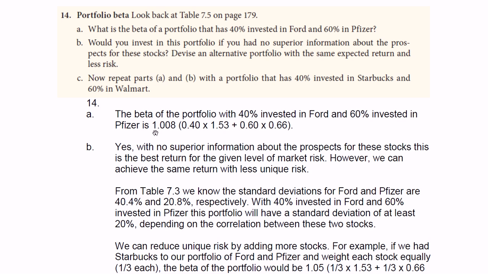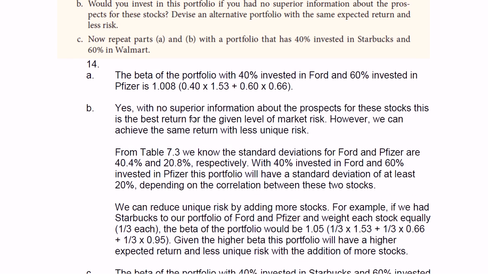So we get 1.008. Would you invest in this portfolio if you had no superior information about the prospects for these stocks? Can you devise an alternative portfolio with the same expected return and less risk?